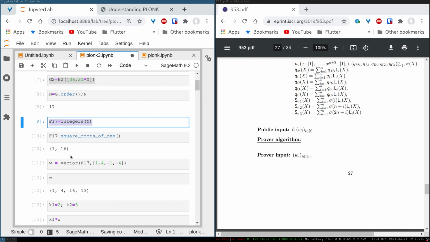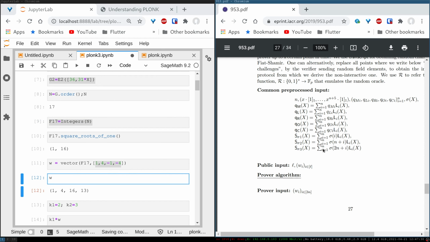You would have 1, -1, and the square root of 16, which is 4, so 4 and -4. If you raise these numbers to the power 4, you will get 1. I store them as a vector because we're going to use them as our evaluation points. So W will be 1, 4, 16, 13.